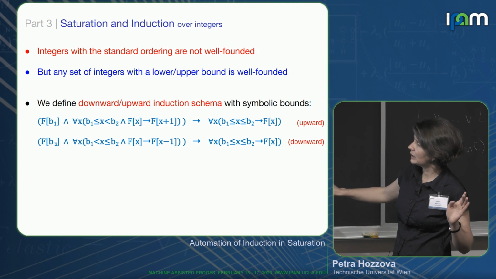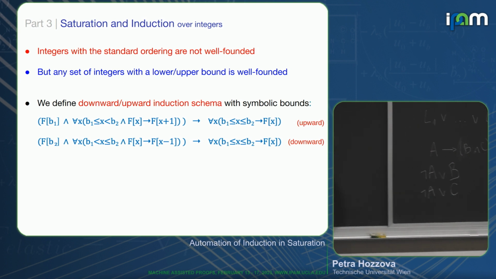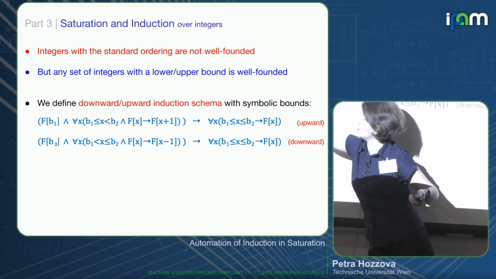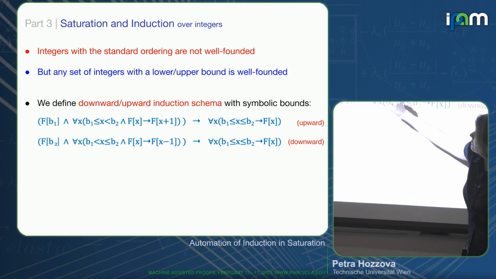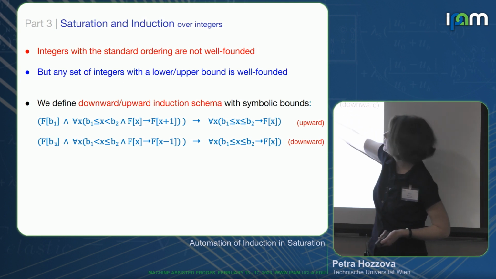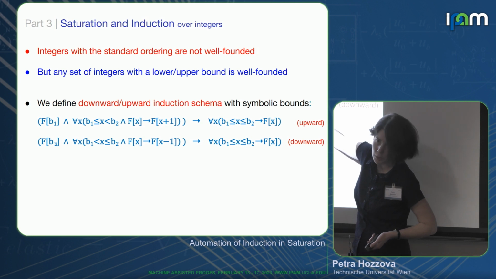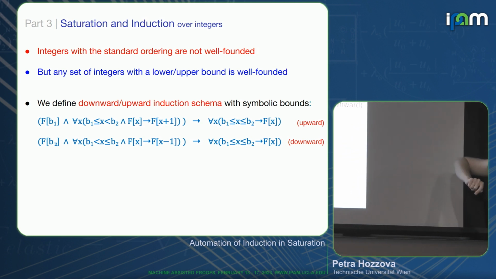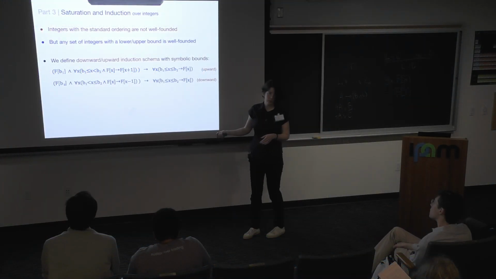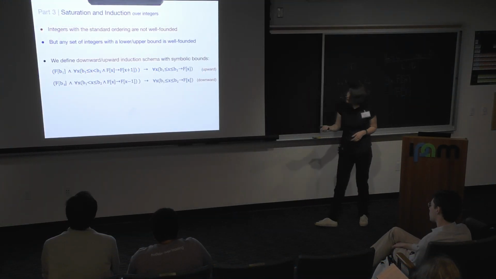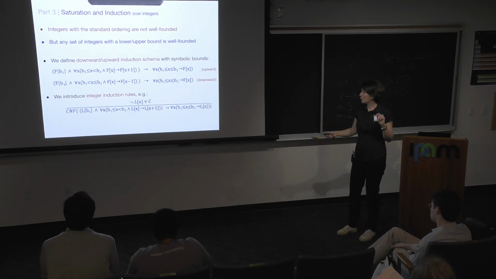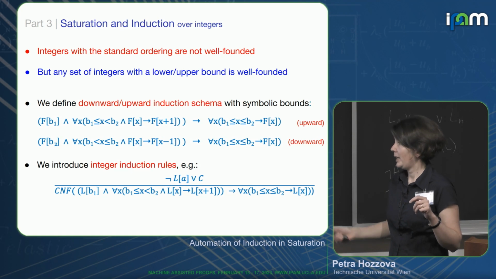For the upward schema, the base case will be B1, and then in the induction step case, we're saying that the induction step must hold for integers between B1 and B2, and then if that holds, we can derive that f(x) holds for all the integers in that interval between B1 and B2. Similarly for downward induction, except that we are starting with B2 instead of B1, so B2 will be the base case. And we just plug these induction schemes into our induction rules, and we obtain something very similar to what we've already seen before.